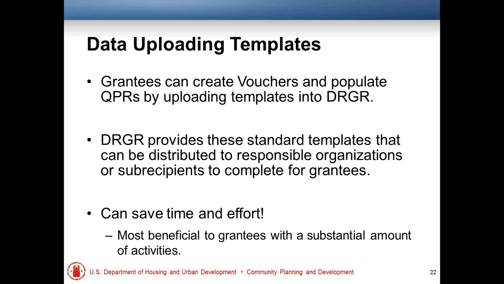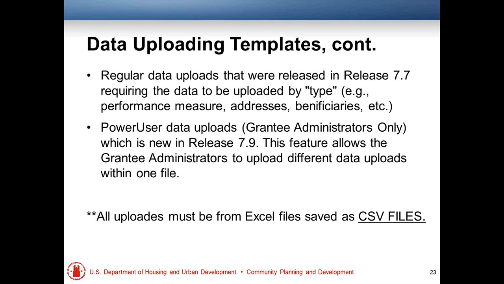Many people have looked at those and distributed them to subrecipients or responsible organizations to complete. Again, it's really a time-saver, especially if you're having to do massive cleanup work during your closeout process, or if you're a substantially large grantee. Usually even your last vouchers, your last information, is pretty helpful to do this with.